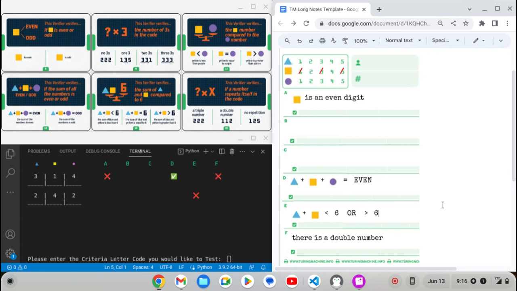Okay, so the good thing is that we can then say that triangle and square have to be, well, no, not necessarily. I was going to say they would have to be odd, but I guess technically you could have 2, 2, which adds up to 4, which is less than 6, or 4, 4, which adds up to 8, which is greater than 6.